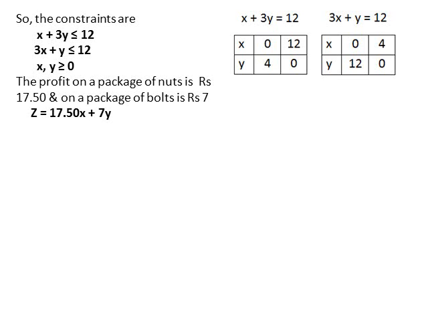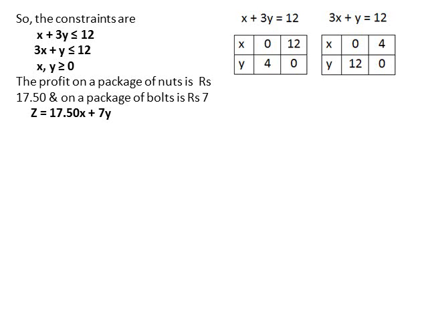First, we need to draw the graph of the equations x plus 3y equals 12 and 3x plus y equals 12. For that, we need a table for each equation which contains at least 2 points which satisfy the equation. After this, draw x-axis and y-axis on a graph paper.